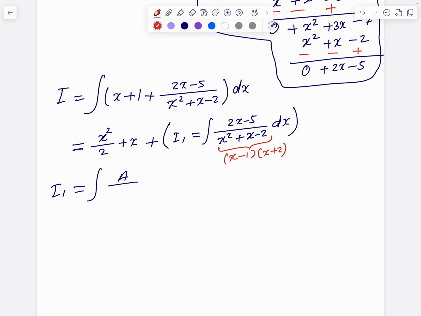So we're having A divided by x minus 1 plus B divided by x plus 2, and here's dx.